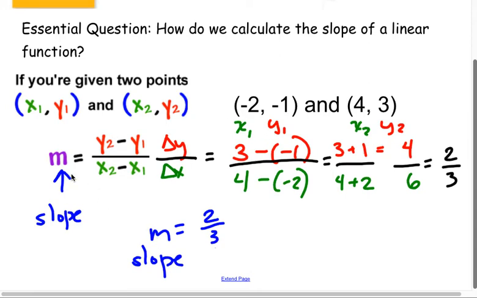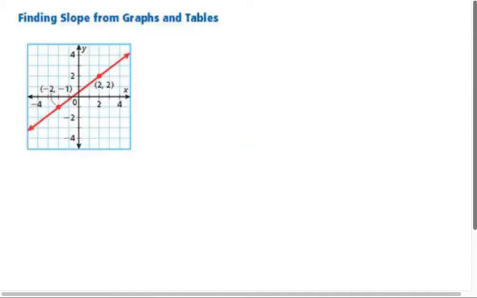Now we're going to use, and constantly use, this in order for us to find the slope of linear functions, okay? Let's look at a graph. All right, so earlier in 4-3, we were talking about rise over run, which is totally fine, all right? However, sometimes the run could be a little deceiving because sometimes the intervals are not always the same.